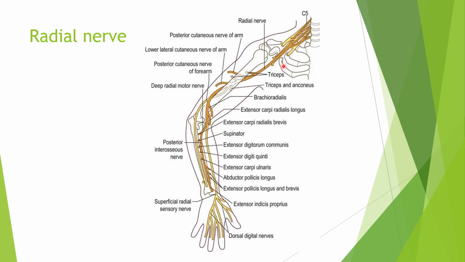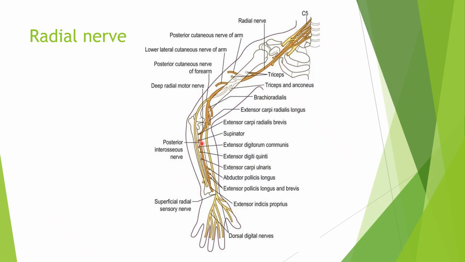The radial nerve passes through the axilla, lower triangular space, grooves the radial groove on the humerus, descends down and gives off a superficial branch and a deep branch.